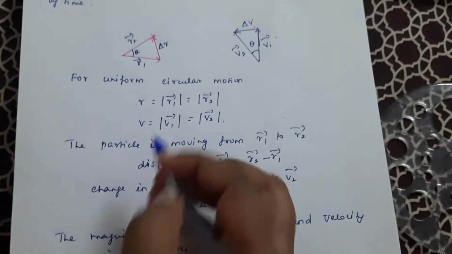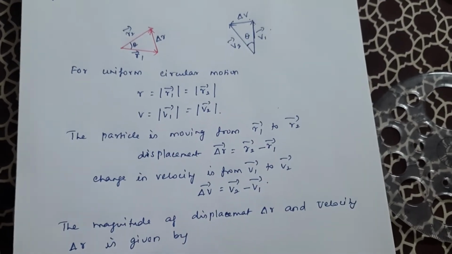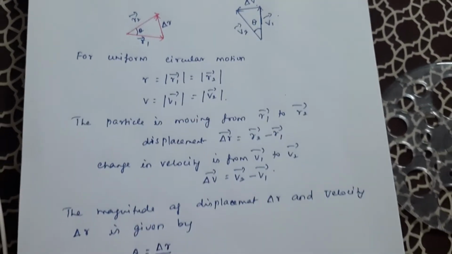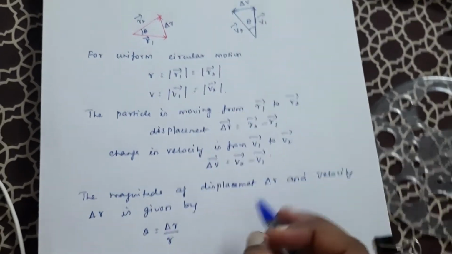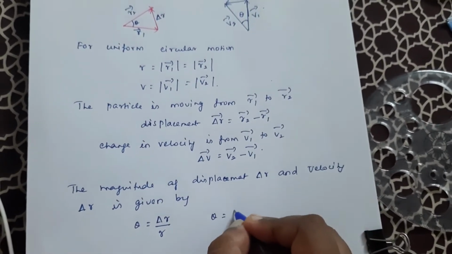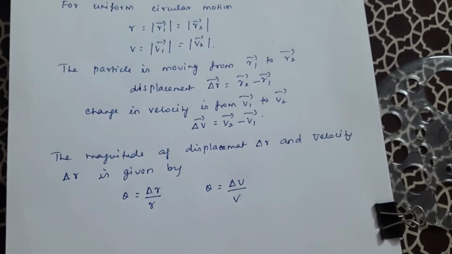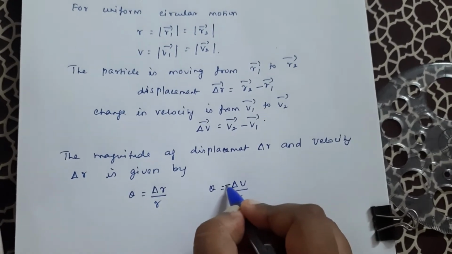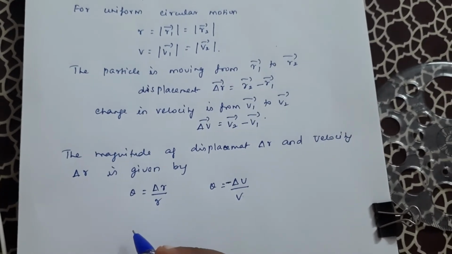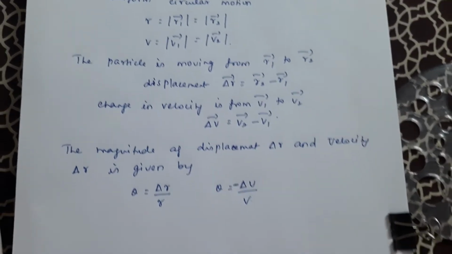From the first triangle, we can write theta is equal to delta r by r. From the second triangle, theta is equal to delta v by v. But I am going to put a minus sign here. What the minus sign says is that delta v is radially inward.